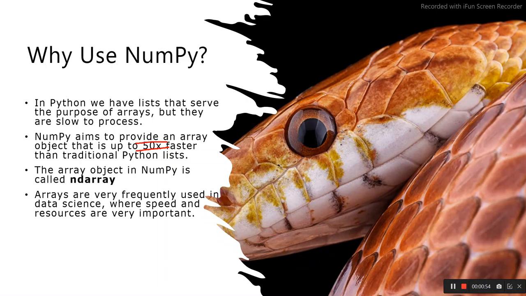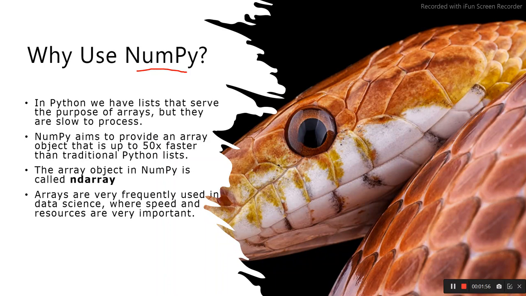If you perform some operation on the 10 lakh numbers using a normal Python list, it may take more time. But if you create the same 10 lakh numbers as a NumPy array and do the same operation, it takes very less time. So that's why we are going for NumPy arrays.